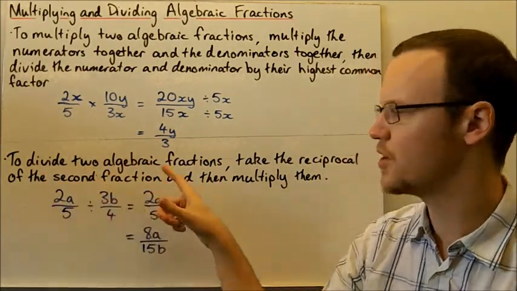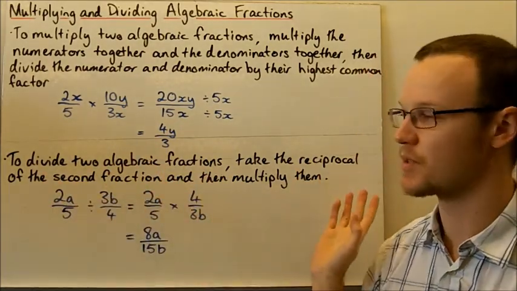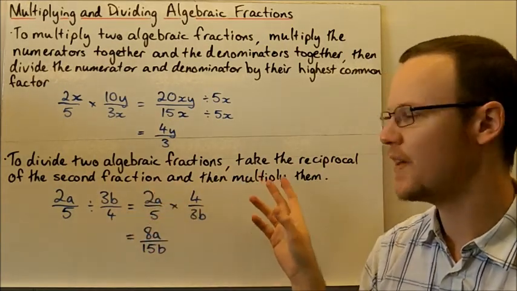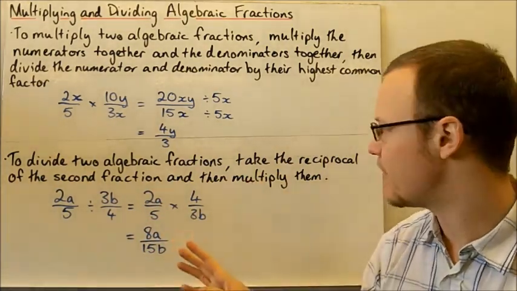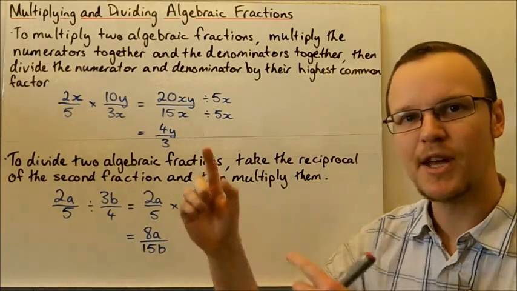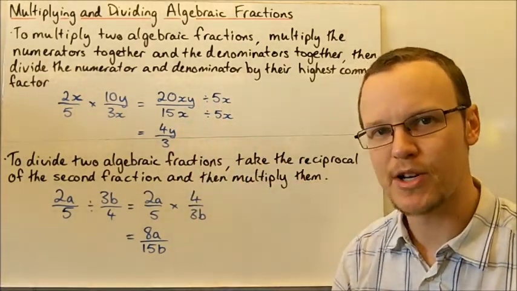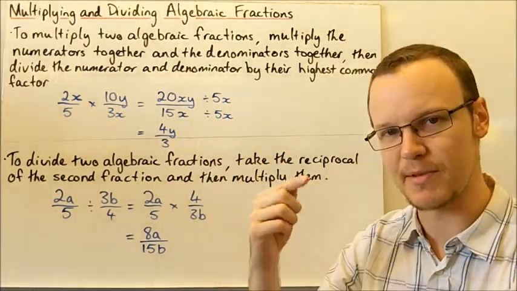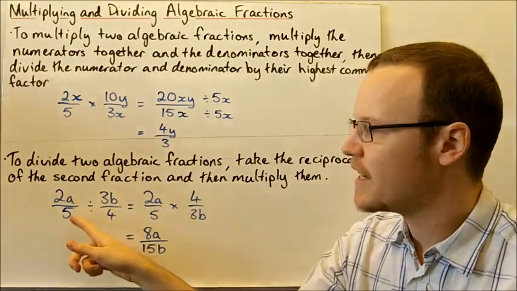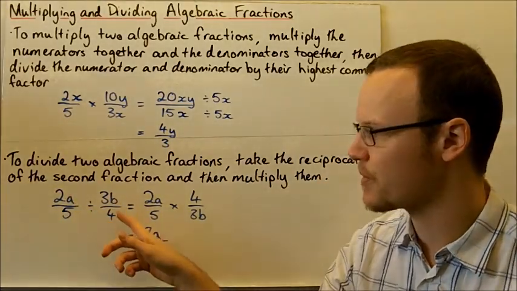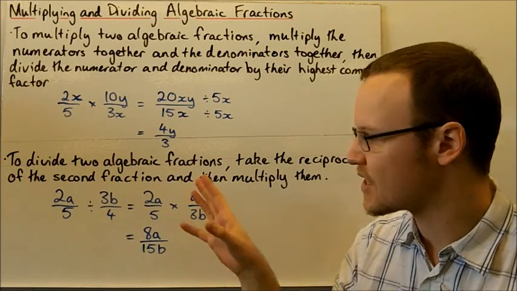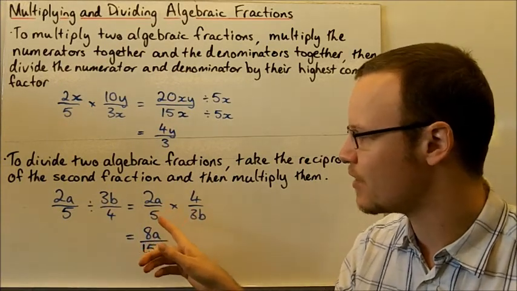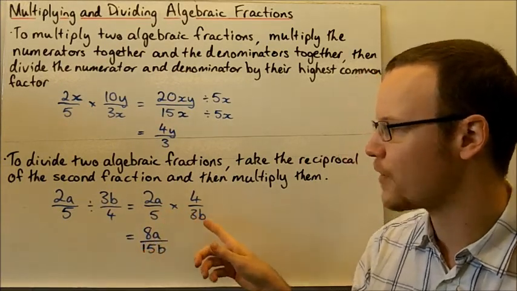Now to divide two algebraic fractions, we take the reciprocal of the second fraction and then multiply them. Just to remember that the word reciprocal means we switch the numerator and denominator. So 2a over 5 divided by 3b over 4 is the same as 2a over 5 times 4 over 3b.